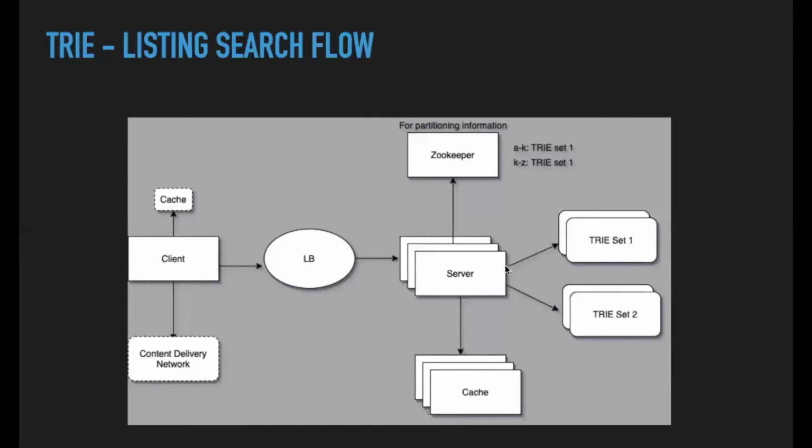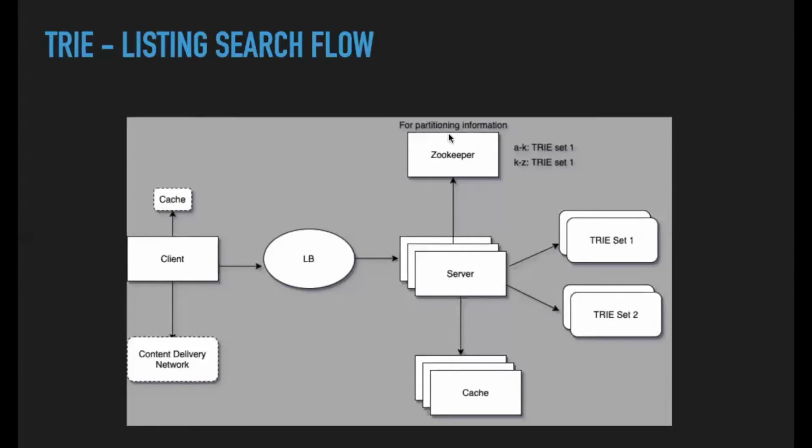But another scenario is, let's say your cache doesn't have anything. What do you do in that case? Then you refer to your zookeeper. Just like I told you that you are doing partitioning based on alphabetical order, zookeeper is a good candidate to have such kinds of configurations. Zookeeper is generally used to store such configurations, and it's an Apache-based software product which you can directly employ in your application.